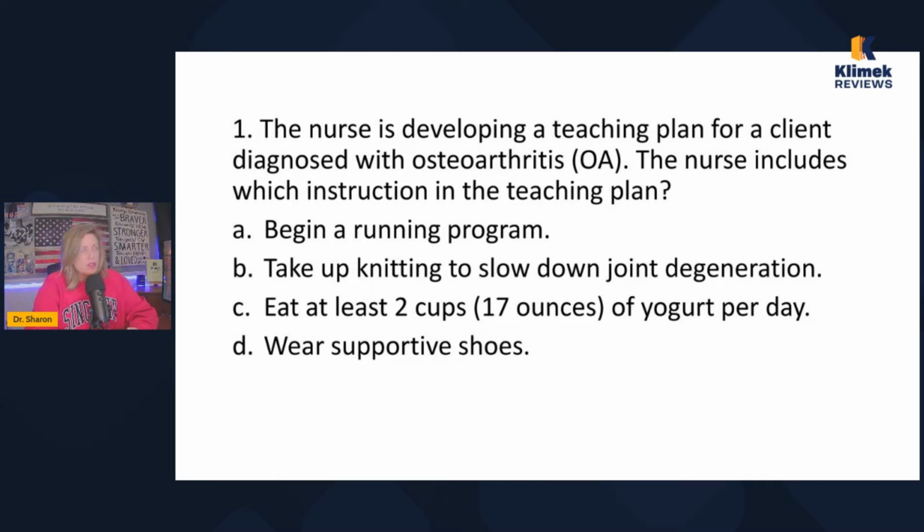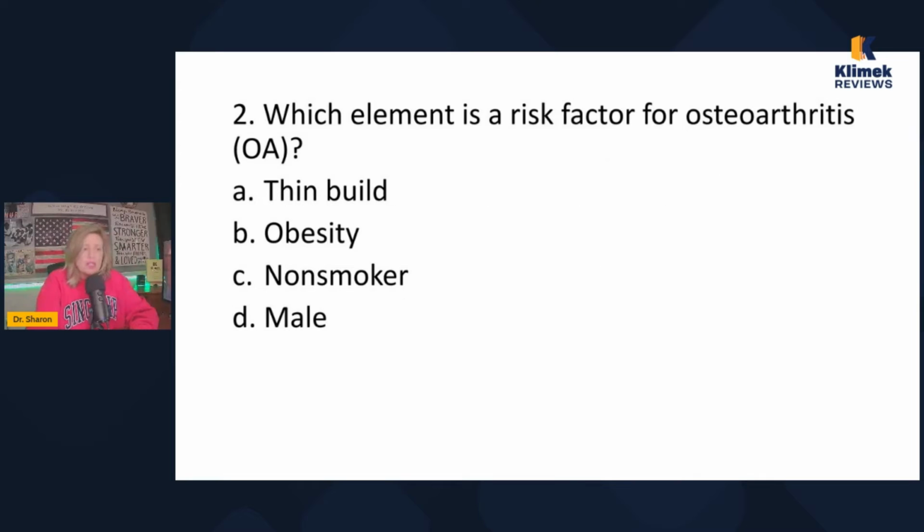You get good shoes with good arch support, that has good cushioning so that you're putting less pressure on those joints. And the good cushioning in the shoes is taking some of the pressure from walking. So that seems like a good idea to me. Okay. So again, we're using our common sense, but we have to know what these words mean. We have to know osteoarthritis is not osteoporosis.